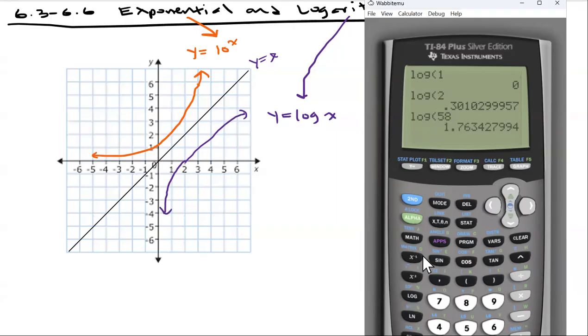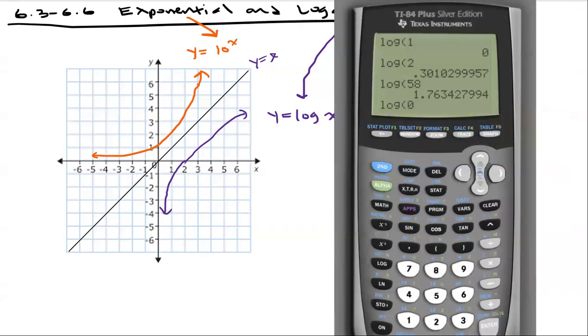However, what happens if I put in, say, log of 0? If I put in log of 0, it's going to give me an error. And let's say I put a number that is less than 0, so log of -1. It still gives me an error. Why is that? Let's look at the graph. It looks like there is some kind of vertical asymptote on the y-axis.